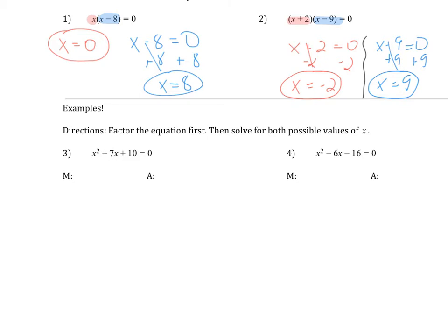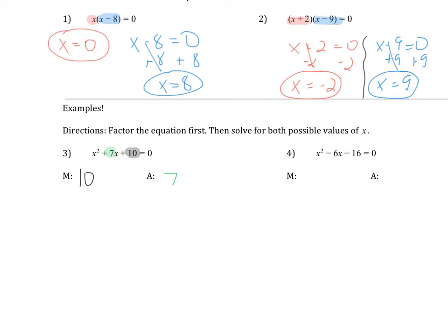All right, so in this first example, number 3, remember I want the numbers to multiply to get to my last number. So I need them to multiply to get 10, and then I need them to add up to get to my middle number. So add up to 7. So what two numbers multiply to 10 and add up to 7?